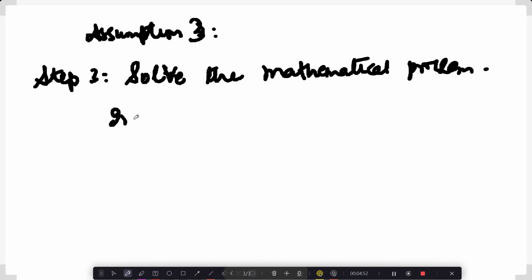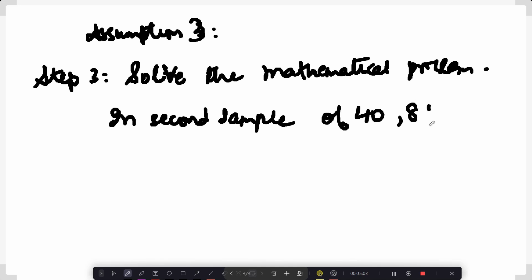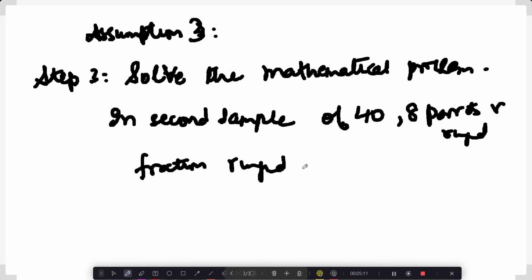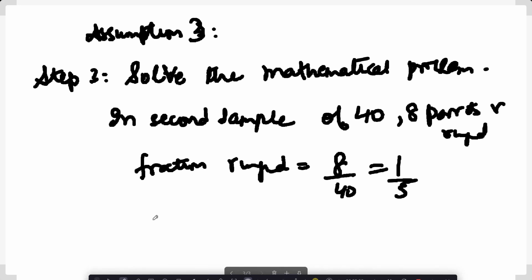So in the second sample, how many are marked? How many are ringed? 8 are ringed. Of 40, 8 parrots are ringed. So the fraction ringed is 8 by 40, which is 1/5. As we said, these samples represent the total population, right?